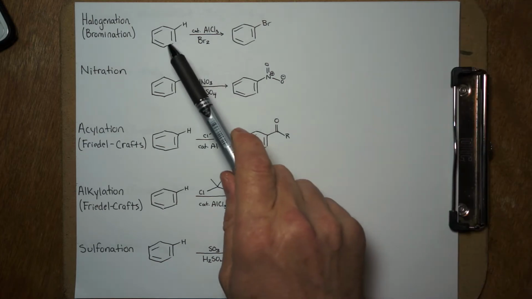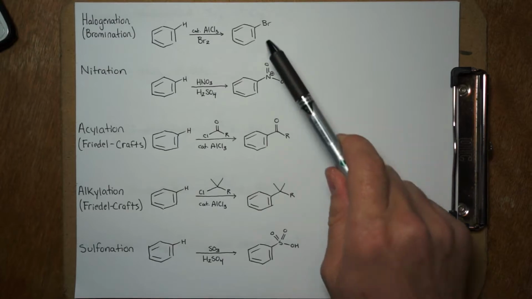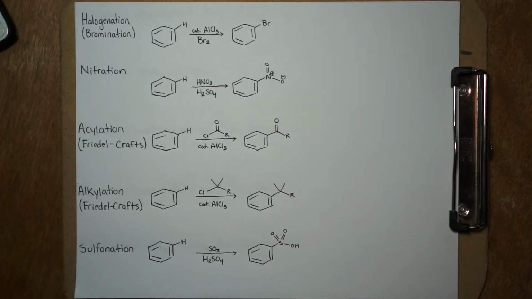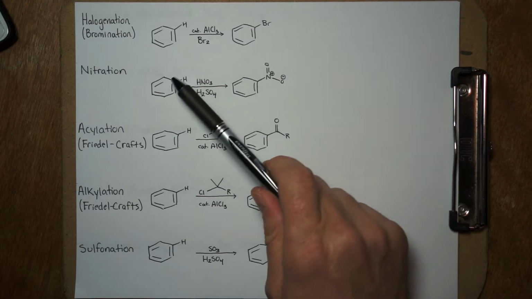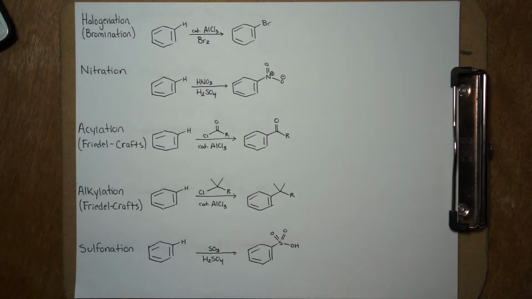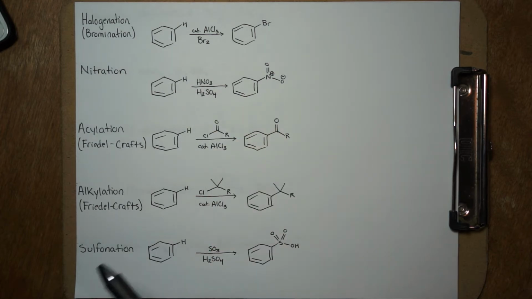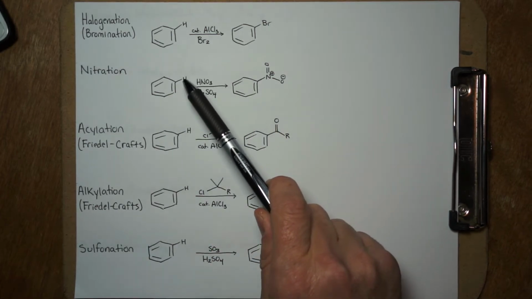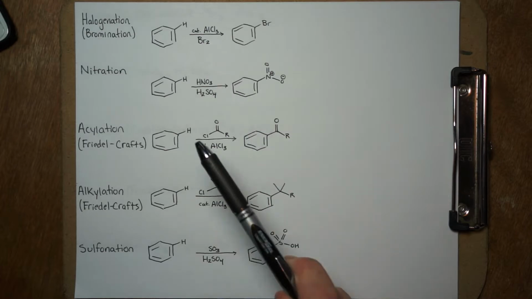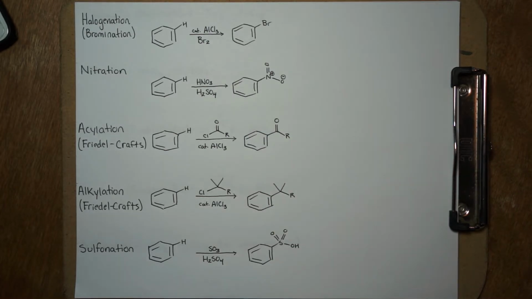So you can see we're replacing a carbon-hydrogen bond with a carbon-bromine bond. And when we're doing this, we're adding bromine and a catalyst. It's important to note that if we were to take benzene and mix benzene with molecular bromine, we would get no reaction.